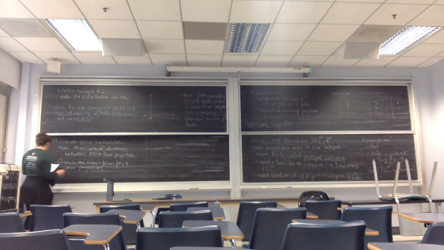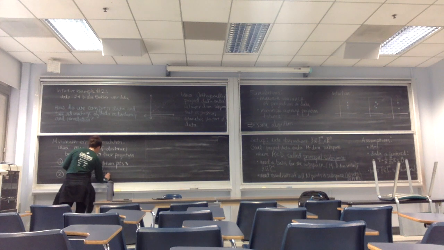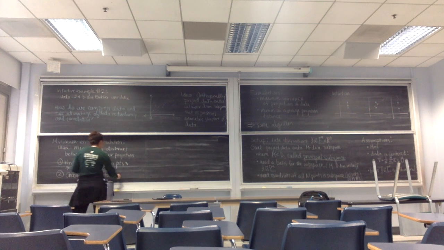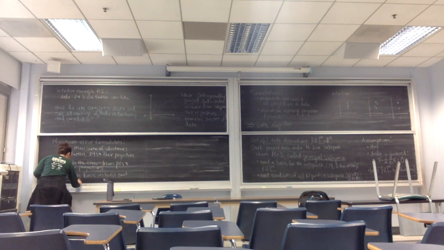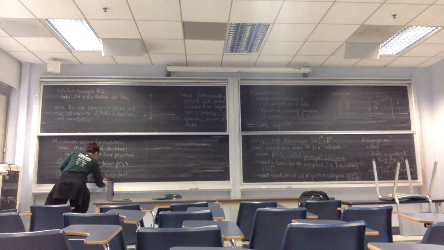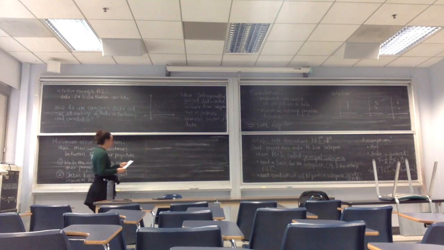And then the second thing we're going to do is choose the basis vector, we're thinking m equals 1, that minimize the mean error, or the average of these distances we just wrote down.